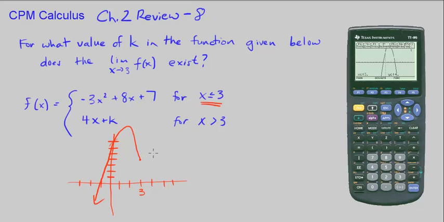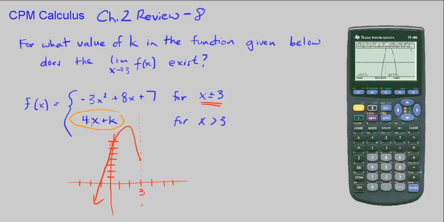And that's to the left of x equal to 3. Once we pass this line, we don't continue on and draw the rest of the curve, because for x greater than 3, we have the function f defined as something else completely.